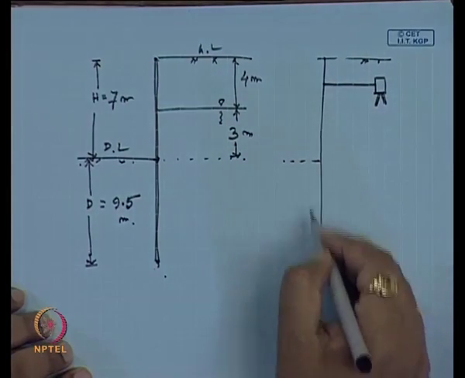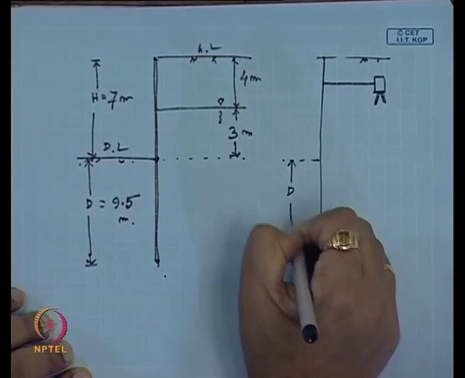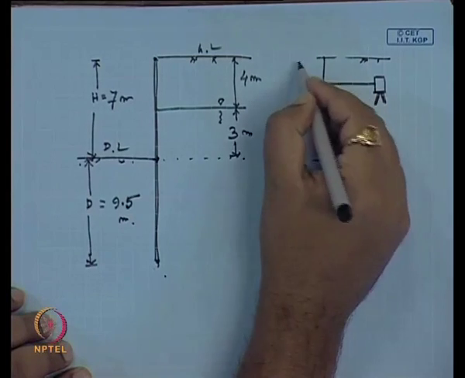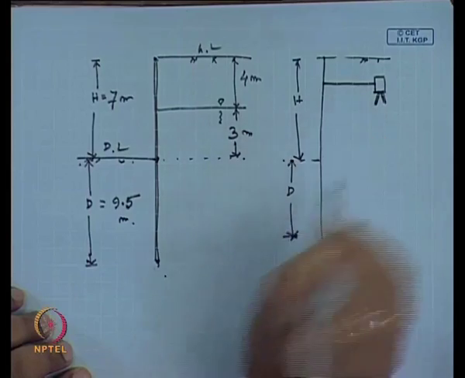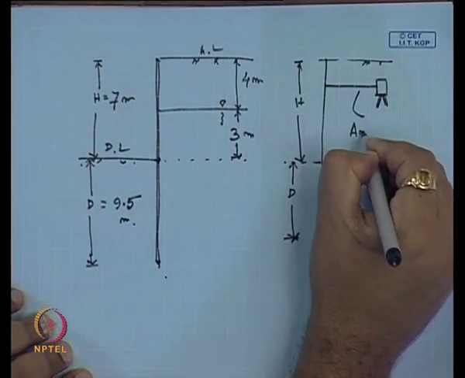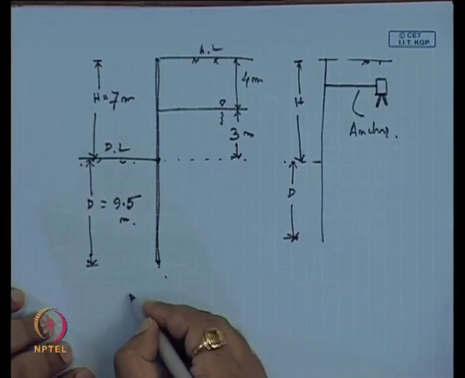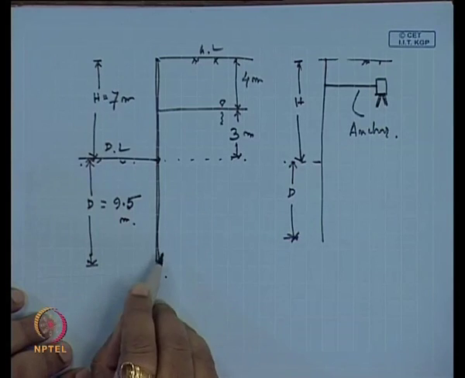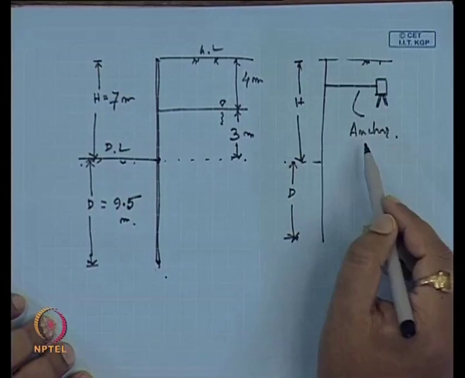In that case we can reduce the required depth below the dredge level. So, this is our anchor, this is our cantilever retaining sheet pile, and this is the anchored sheet pile, where we can reduce the required depth.